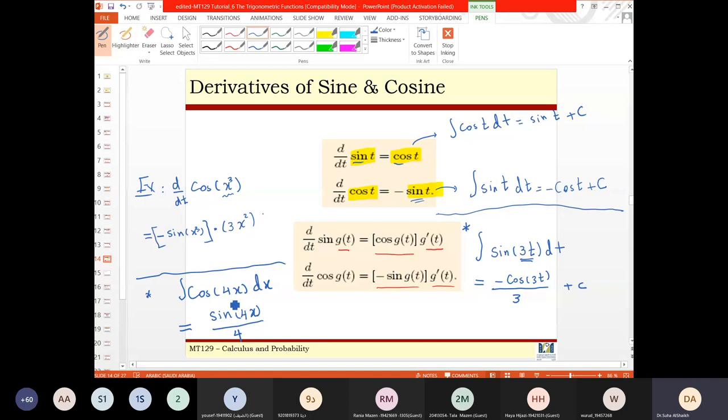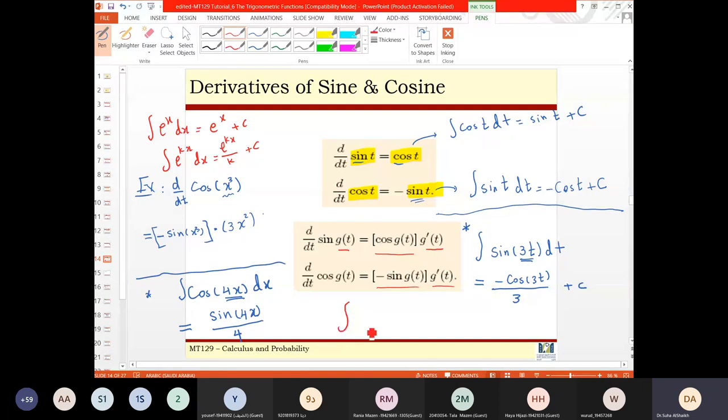Why did I divide by 4? Because the function inside cosine is not just x, it's 4x. So I divide by the derivative. You remember when we had the integration of e^x dx, we said the integration is exactly e^x. And when I have the integration of e^(kx) dx, it's equal to e^(kx) but I divide by k, plus c. Same thing we do with the sine.